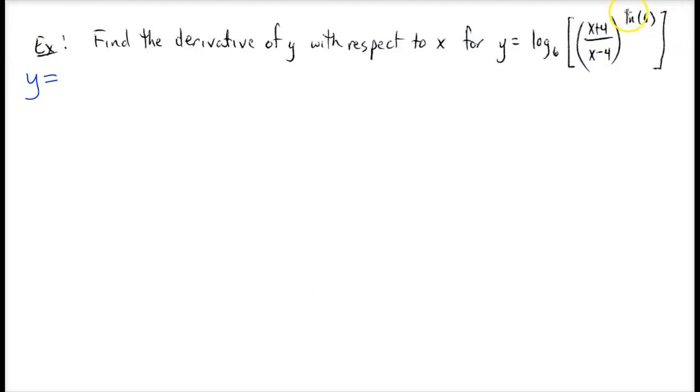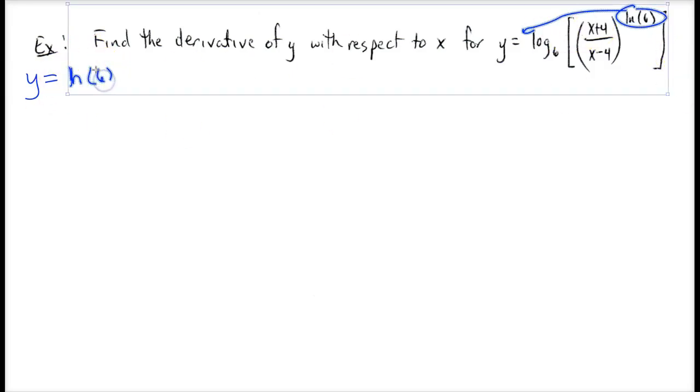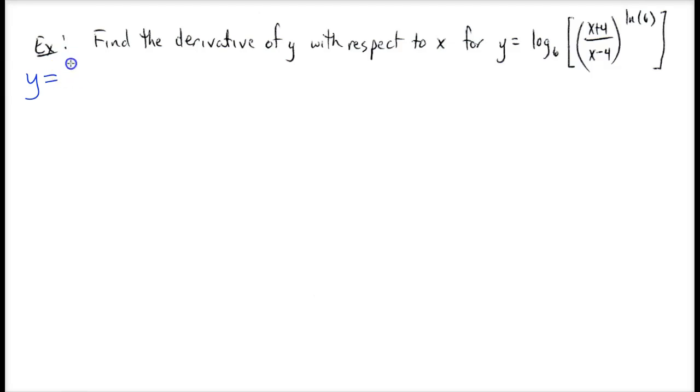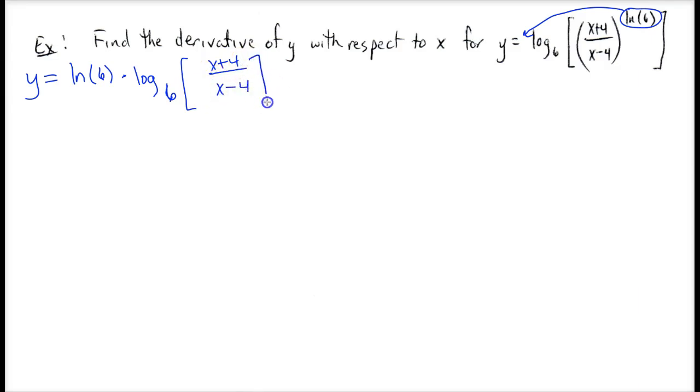So the first thing that we see is that we can take this natural log of 6 and move it out in front. Multiply, so we have natural log, that didn't look so hot, so let's try that again. So we got natural log of 6 here, of course, saying earlier we can move that out in front. And so that'll be log base 6 of x plus 4 divided by x minus 4.